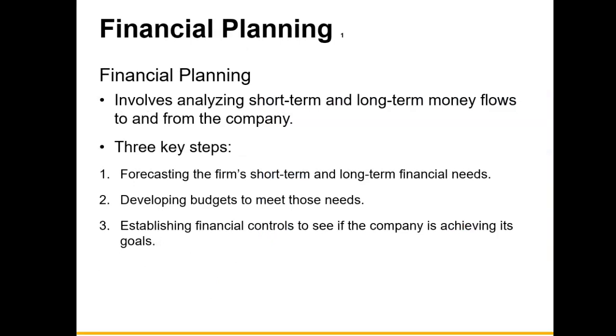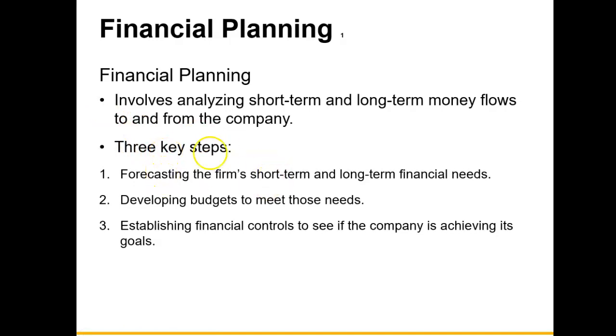What is financial planning? And although this is for a company, this is also applicable for you when it comes to your personal finance. It consists of analyzing your short term and your long term money flows to and from the company. So we're talking about money coming in, money coming out. We've identified 3 key steps to financial planning.